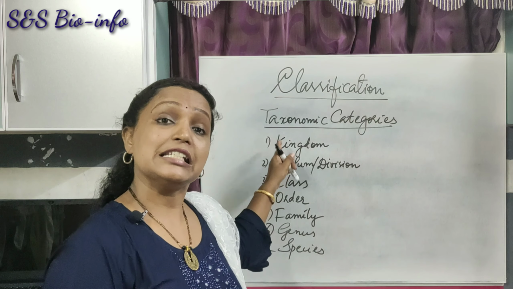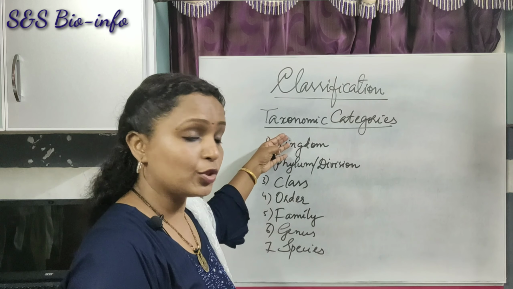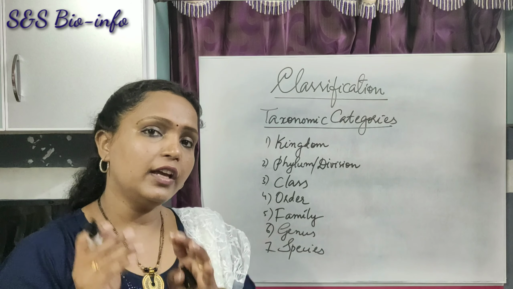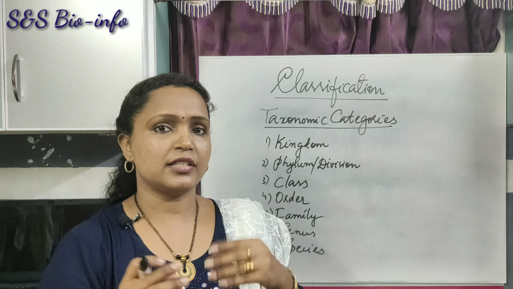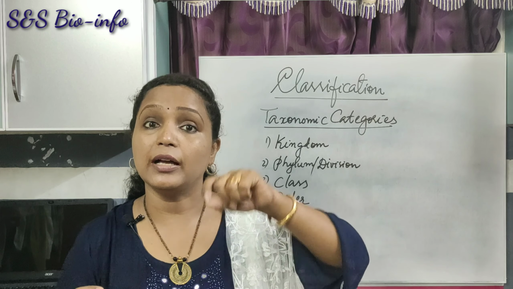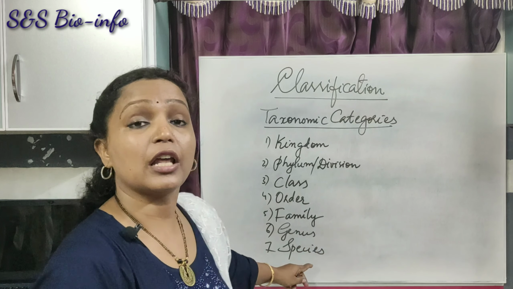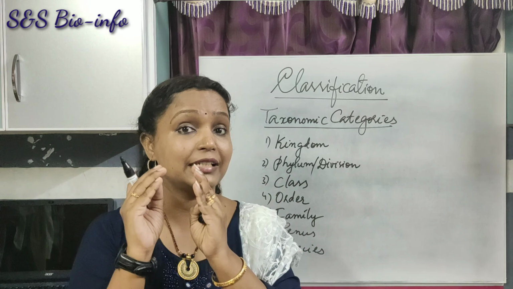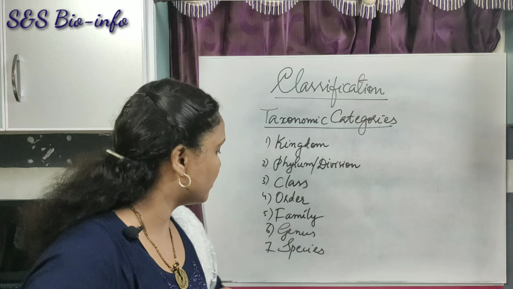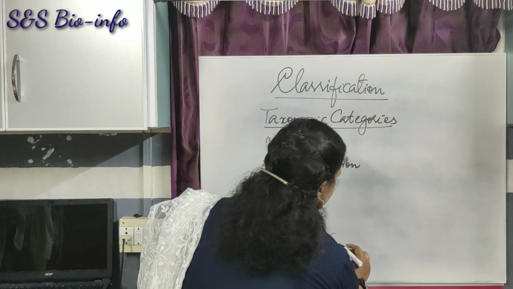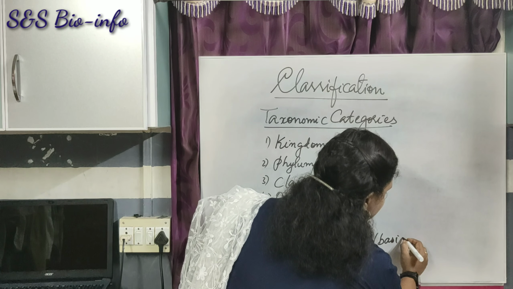There are 7 taxonomic categories in the classification process, kingdom to species. When we arrange these taxonomic categories in ascending order, that means the smallest to the biggest, species is the lowest category, the basic category in the hierarchy of classification. So species is the lowest or basic category.